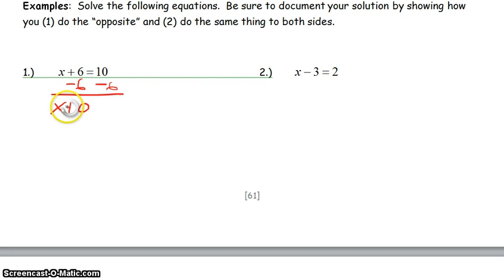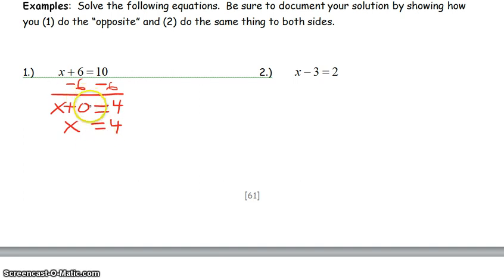So this would be x plus 0 equals 10 minus 6 is 4. Now x plus 0 is just x, and that equals 4. So our final answer here is x equals 4.